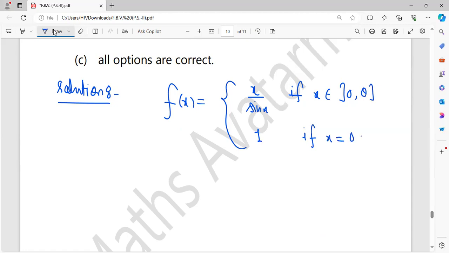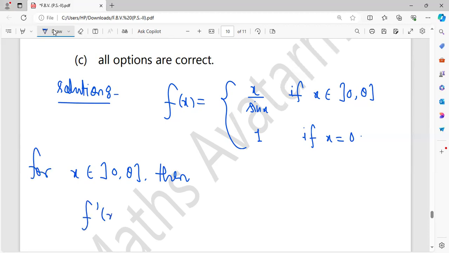Now first we will check whether this is monotonically increasing or not. So what is the derivative? If I am taking x belonging to (0, theta), then what is the derivative?